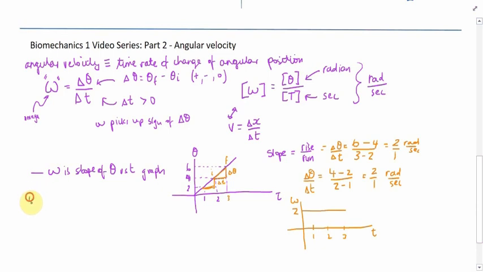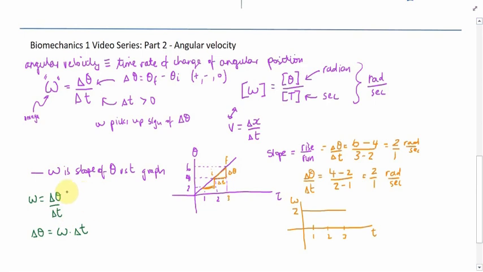If I have my angular velocity being my change in angular position divided by my change in time, and I wanted to isolate the change in angular position, I could multiply that out. So my change in angular position is equal to my angular velocity times my change in time.